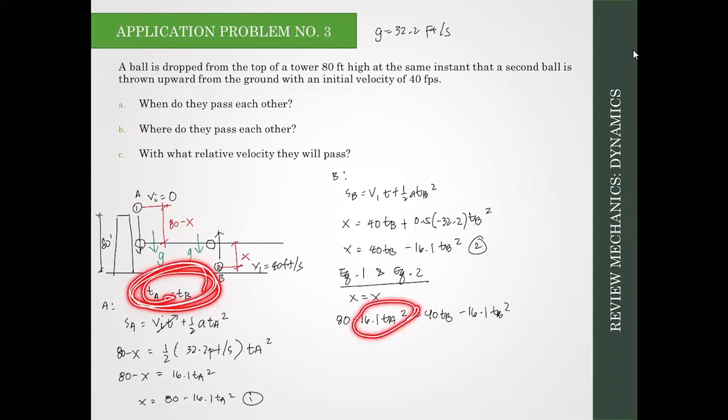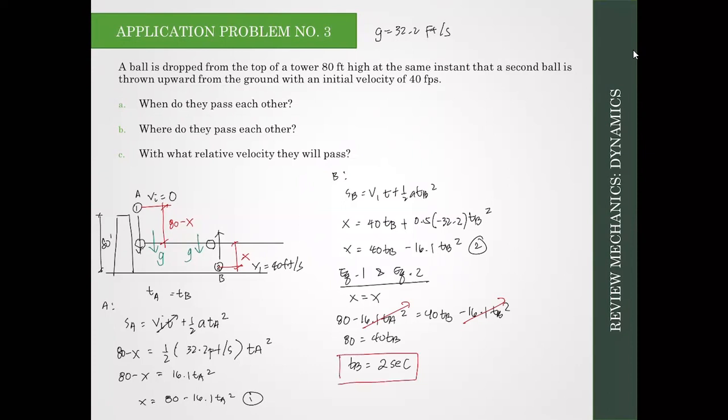So kahit TA squared siya and TB squared siya, since pares siyang negative, pag tinranspose natin yung isang term and then change natin yung TA gagawin natin TB, magka-cancel out lang siya. Then we were left with 80 is equals to 40 TB. So TB natin will be equals to 2 seconds.